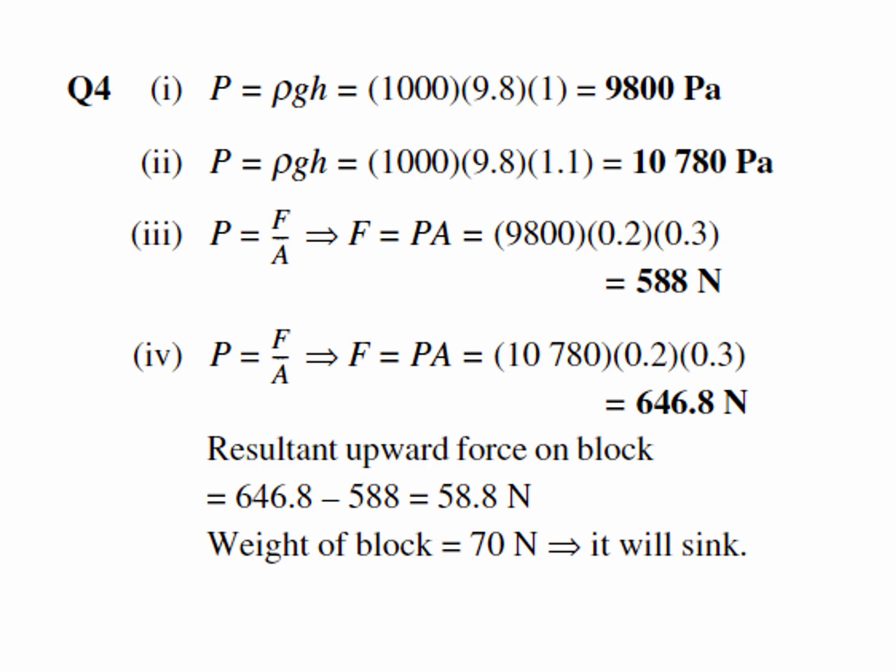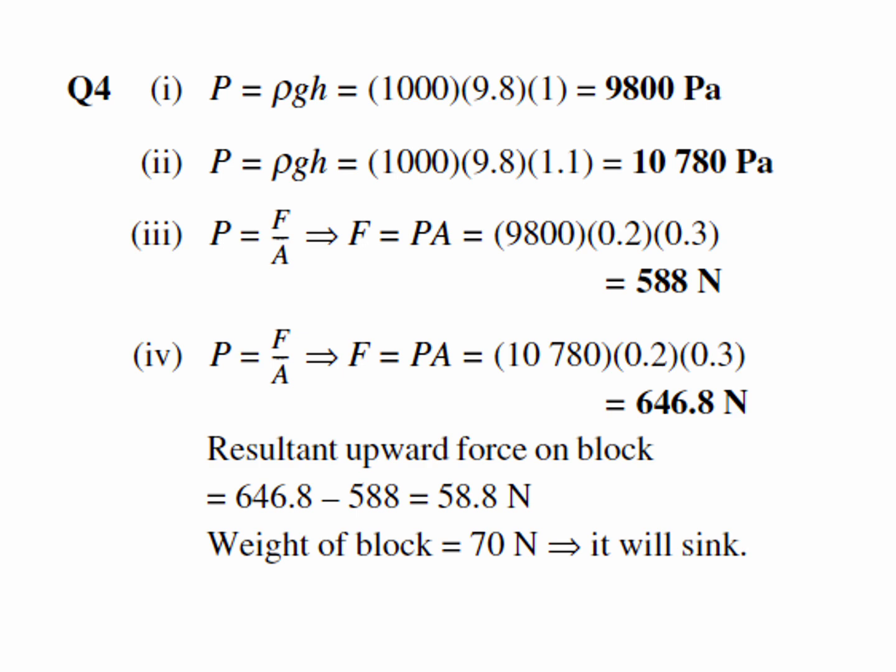If we look at the resultant overall upward force then on the block, we take the 588 newtons away from 646.8 to give us an overall resultant upward force of 58.8 newtons.